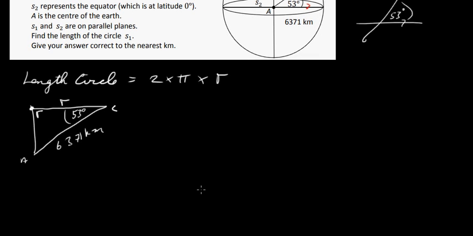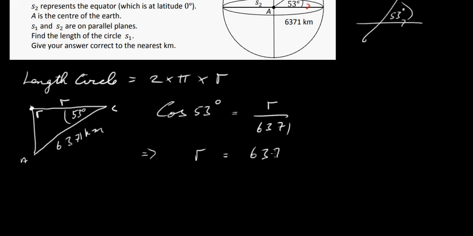So the way I'm going to do that is use cosine. So I'm going to use the cos of the angle 53 degrees. The reason is because I need the adjacent and I have the hypotenuse. Adjacent over hypotenuse is cos of an angle. So the cos of 53 degrees here is just going to be r over 6371. So that gives me r equal to 6371 times the cos of 53 degrees.